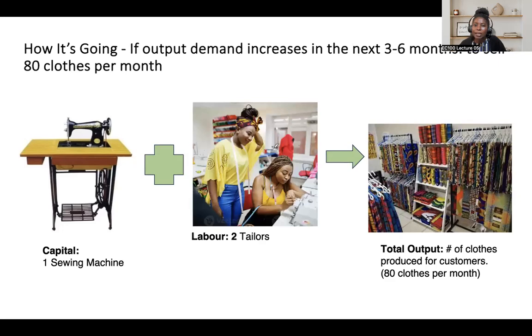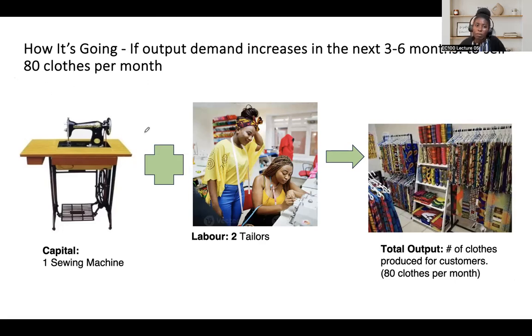In the next 3 to 6 months of being in business, her demand has increased. People are ordering more clothes. Now she has 80 customers waiting, 80 clothes to produce for a month. That is like a sudden change.